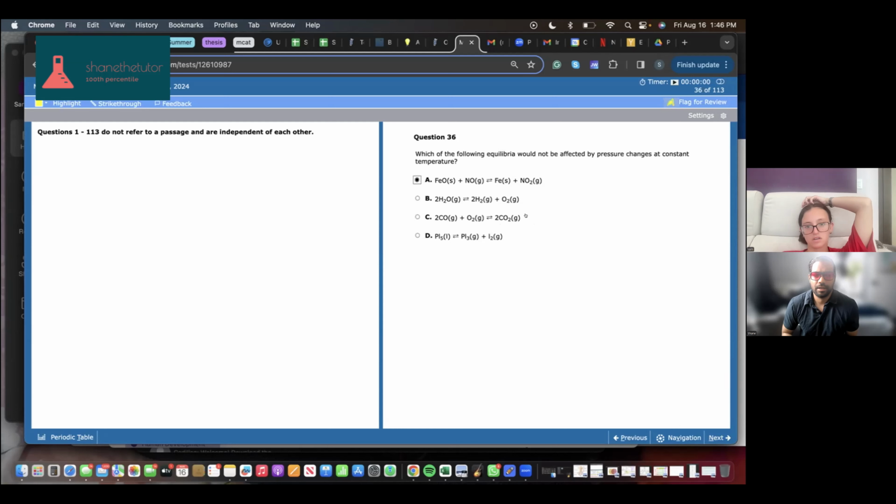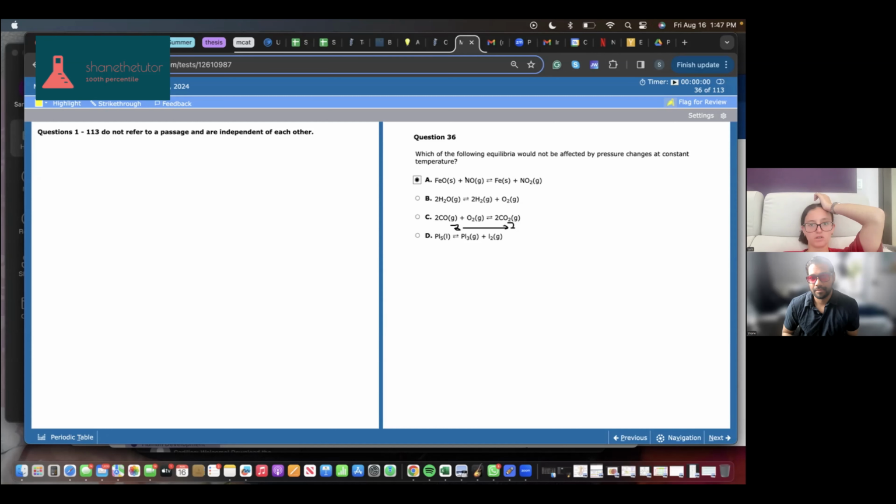Once you do that, you want to sum up the moles of gases on either side. Think about it, we know a mole of a gas is 22.4. Here it's 3, here it's 2. Good, so it would move this way. So are we looking for something that's equal on both sides, that would not be affected?